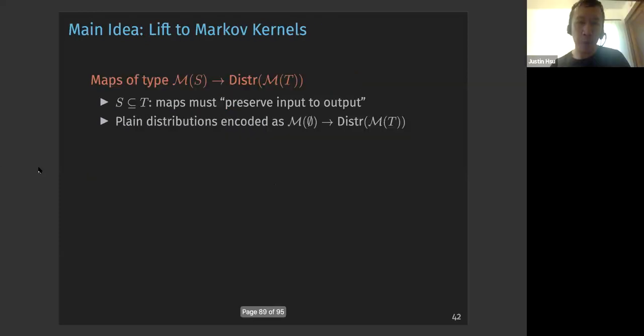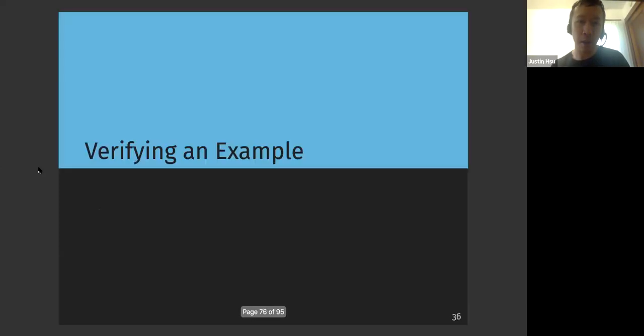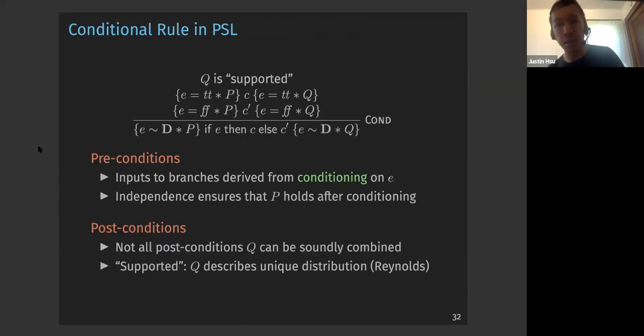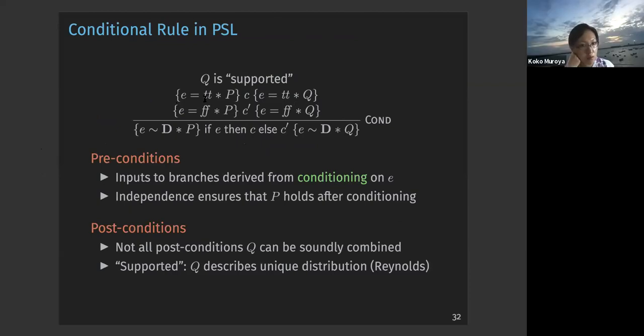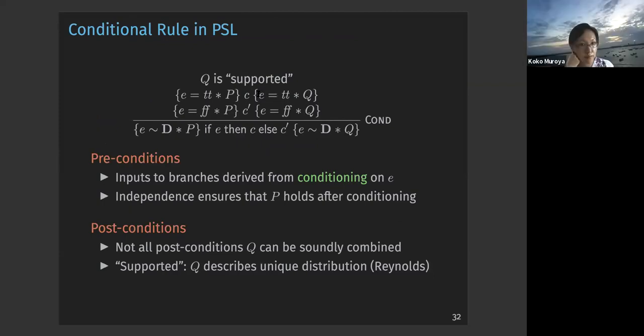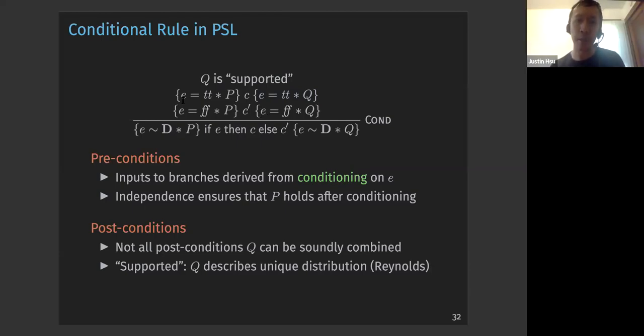So let me pop back really quickly to the conditional rule again. Right, so the postcondition is Q, so I can talk about this a bit more. Here, in the postcondition in the branches, this is not really a restriction, because essentially we're saying that the guard cannot be changed during the execution of the branches.